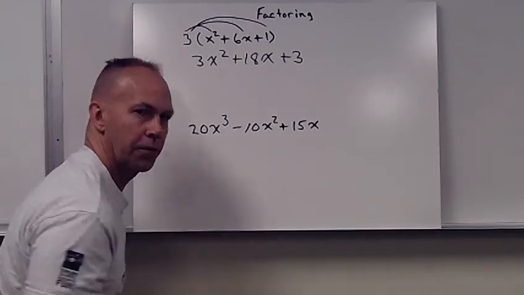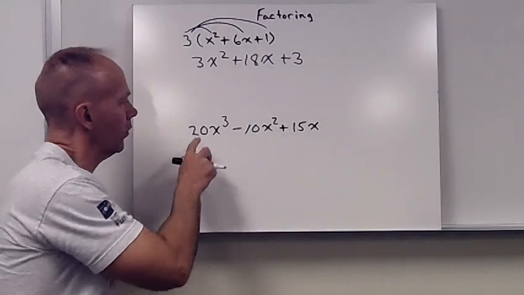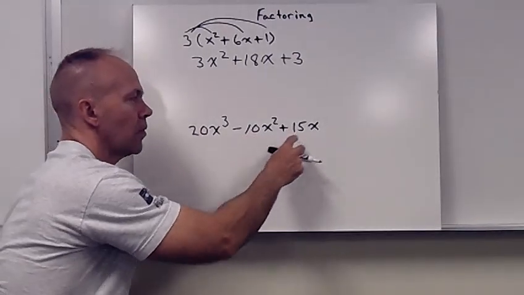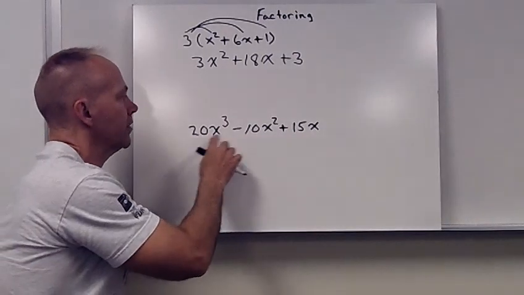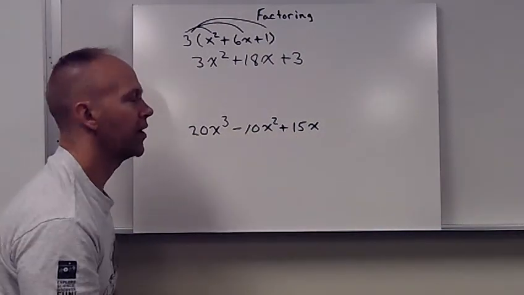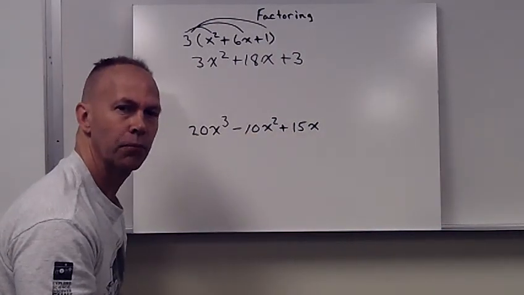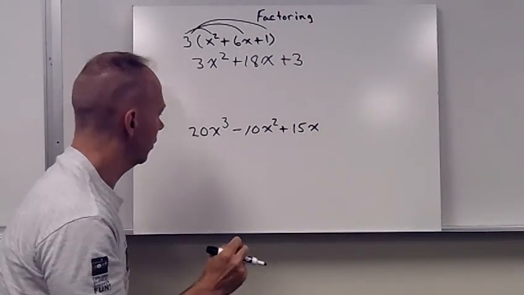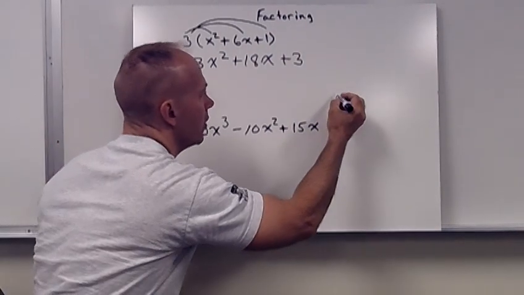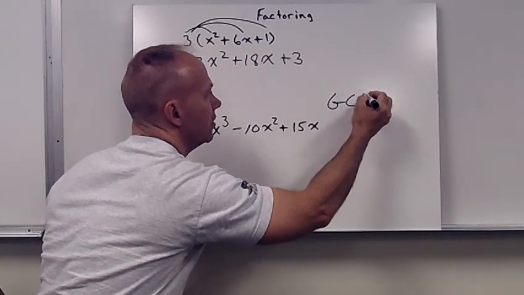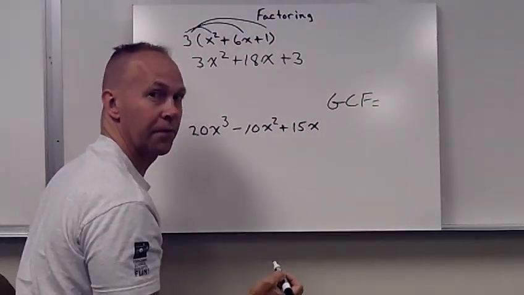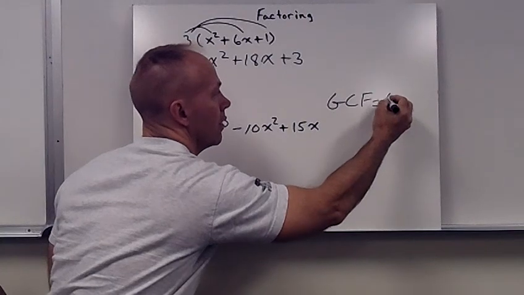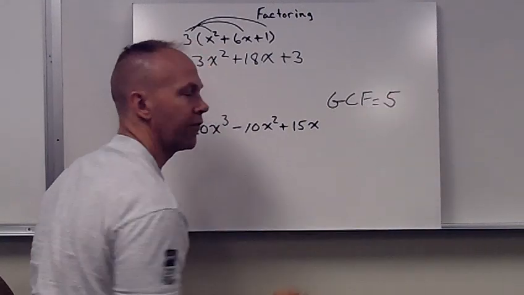Looking at this trinomial, what I want to look at is first the numbers. What is the greatest common factor between 20, 10, and 15? What is the biggest number that divides those evenly? Well, it's 5. So over here, I'm going to write it out, GCF, my greatest common factor, 5.